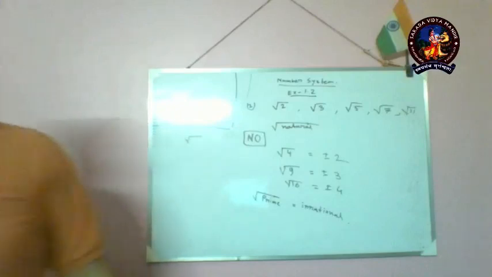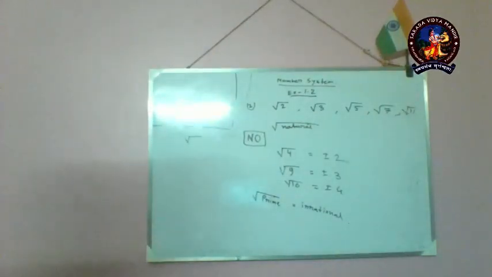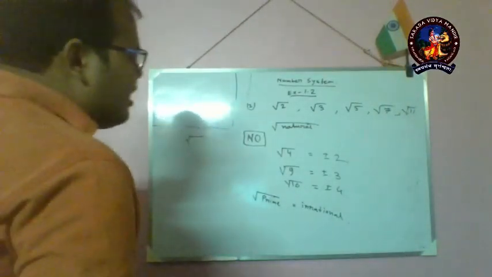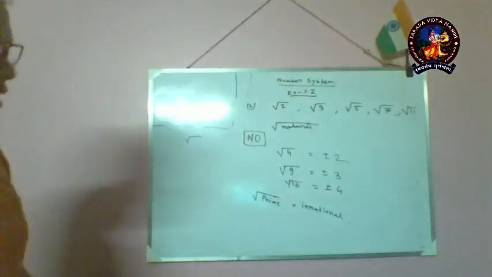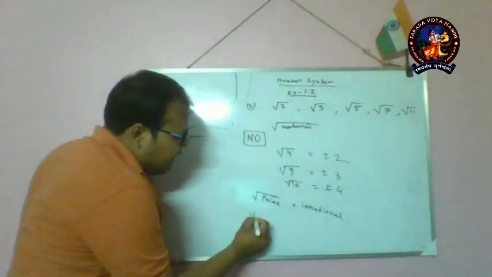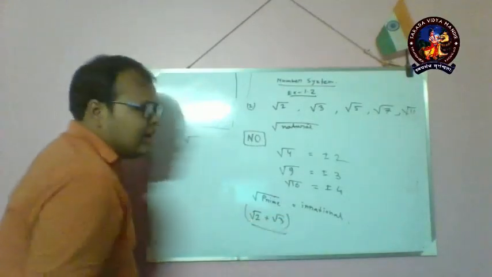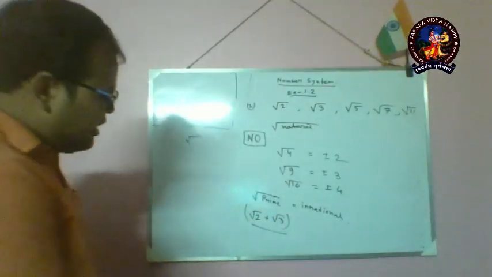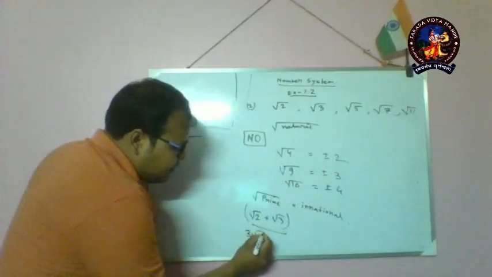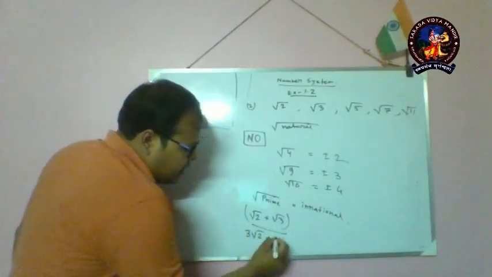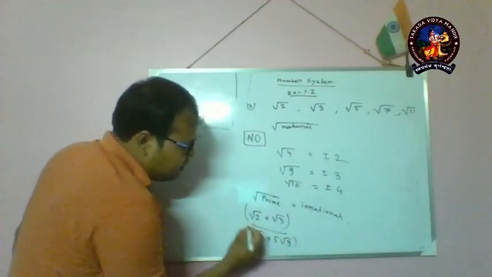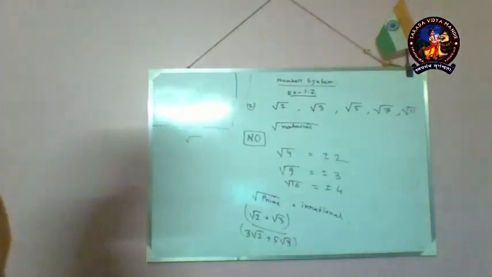So all of the prime numbers I have taken, the roots of prime numbers are irrational numbers. And if I add two irrational numbers, then the resultant will be another irrational number. If I add this type of irrational numbers, then also the resultant is irrational.